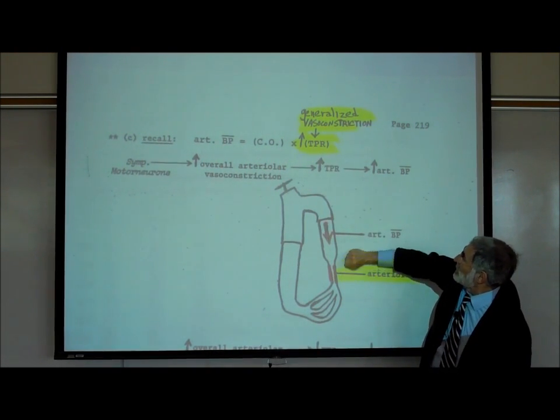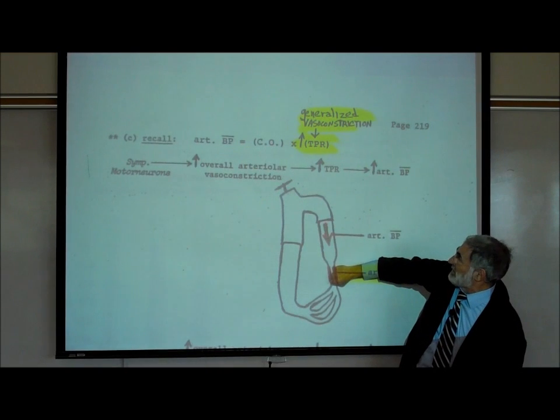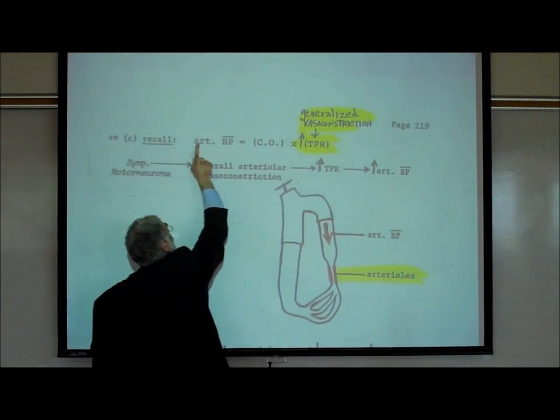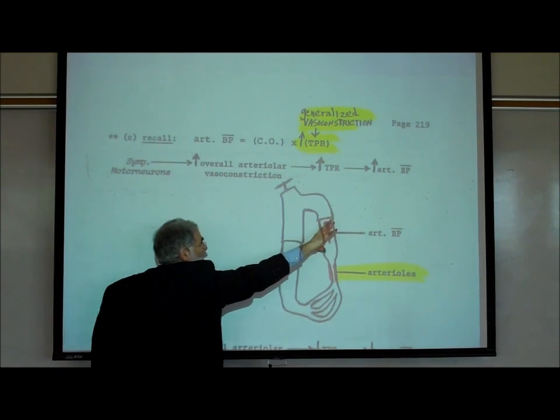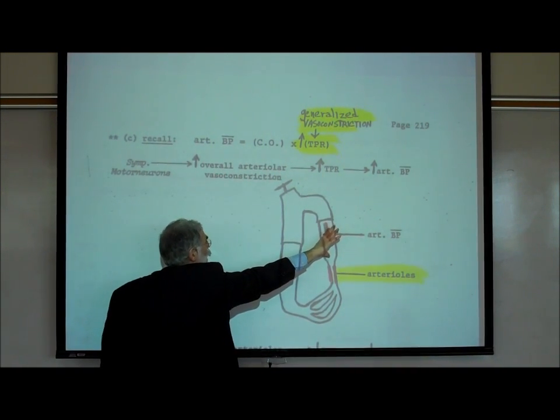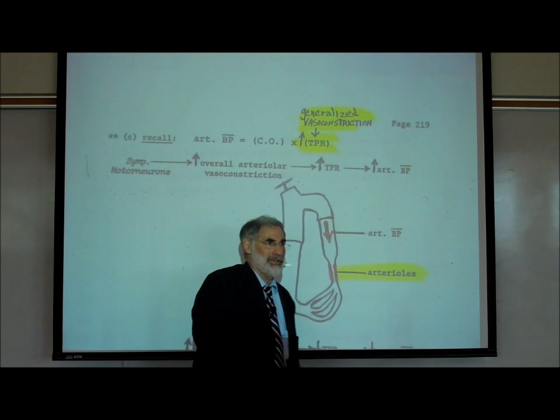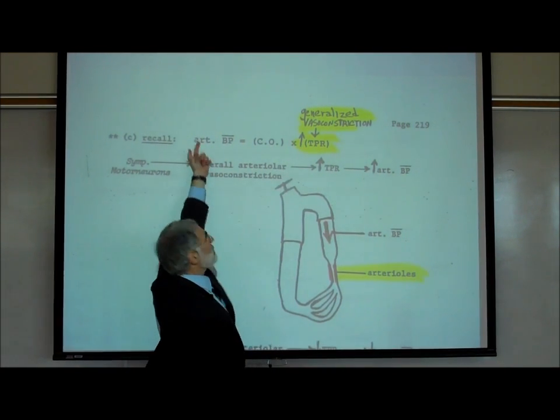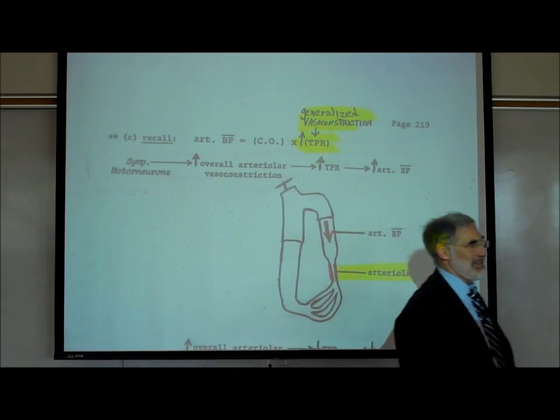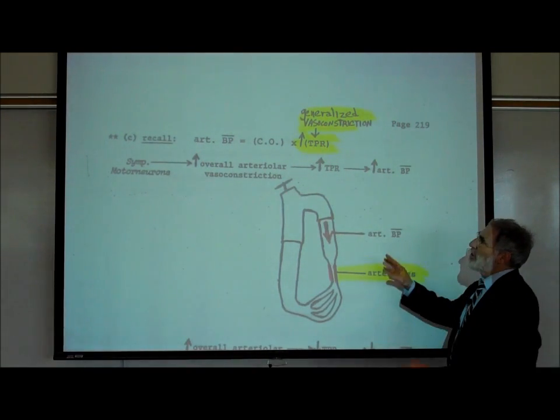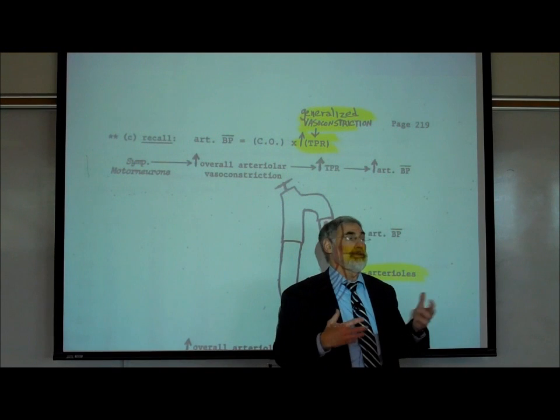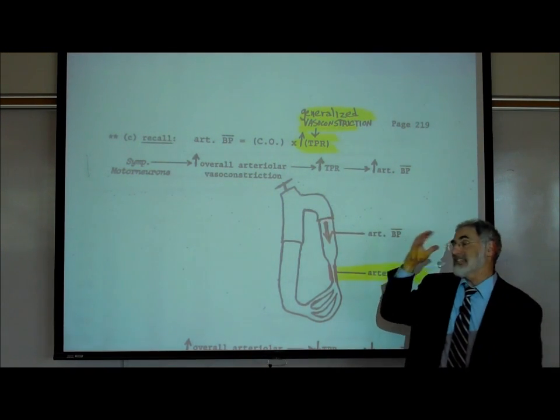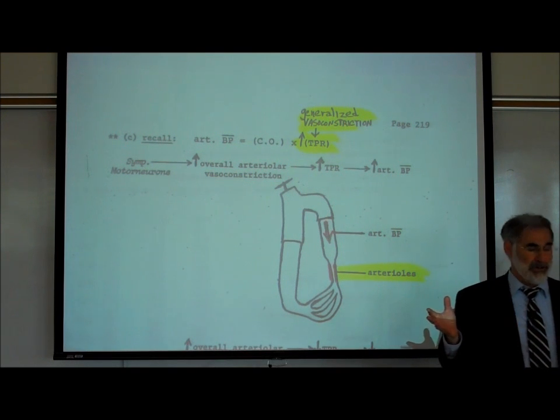That constriction increases the resistance. And according to this formula, any increase in resistance will have what effect on your blood pressure in this segment? It will increase the arterial blood pressure. So the formula is, if you increase peripheral resistance, then the blood pressure goes up. You got that? So now we know that whenever most of the blood vessels in our body constrict, the peripheral resistance increases and that raises our blood pressure.